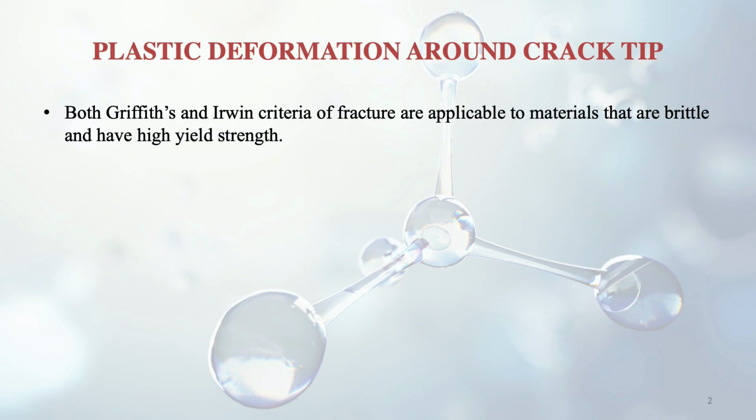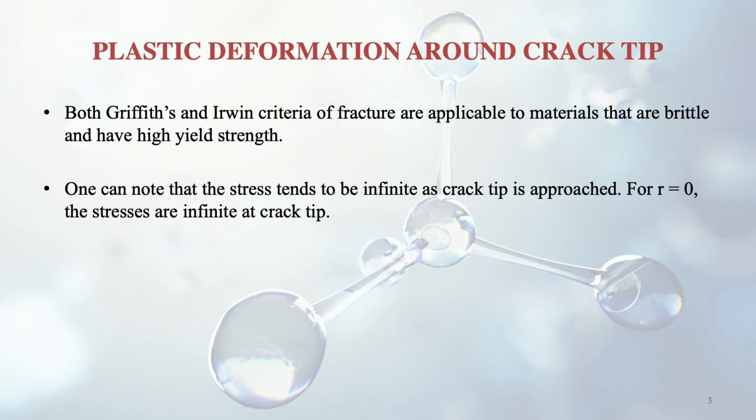So earlier we talked about the Griffith and the Irwin criteria, but we haven't taken into account the plastic deformation around any crack tip. There was a crack tip for a certain body, and around that we hadn't taken the plastic deformation into account. Both Griffith and Irwin criteria of fracture are applicable to materials that are brittle and have high yield strength, and we can note that the stress tends to be infinite as the crack tip is approached.